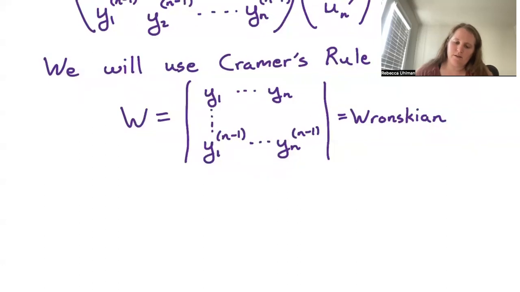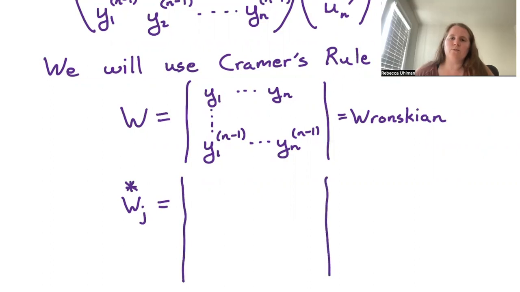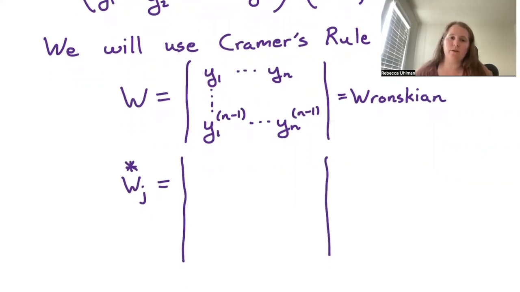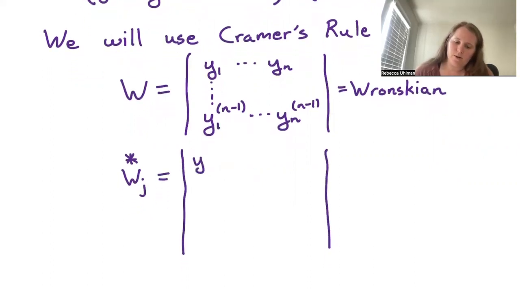And if we set Wj star, I'm just going to put the star over Wj, this is my own notation. This is that same matrix where we swap out the jth column with our answer vector. So y1 through y1 n minus first derivative, and we're going to swap out that jth column with that vector that's all zeros except the last row was f of x over p0 of x.